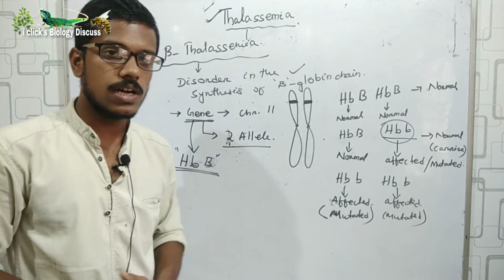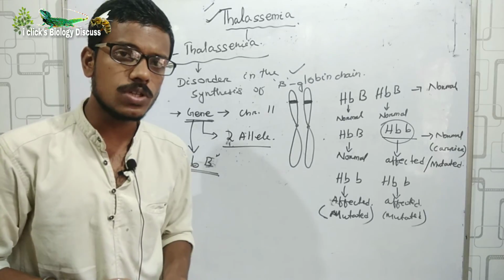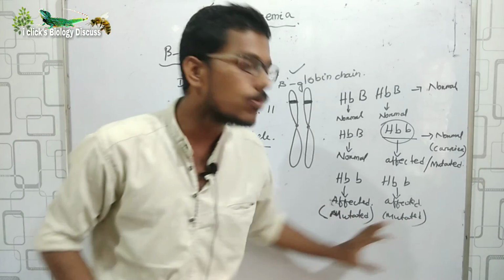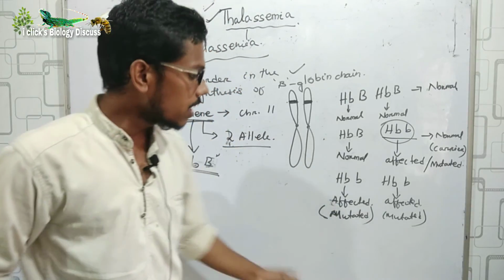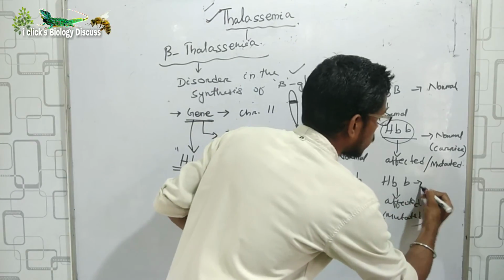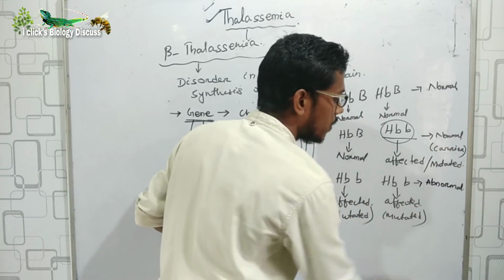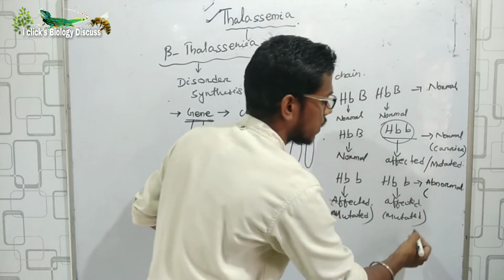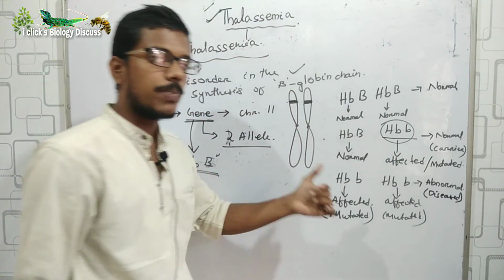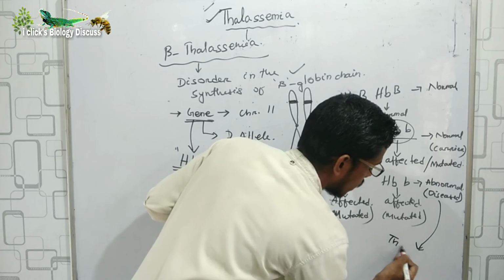That means both genes are affected, mutated, and then it will express. As you know, a recessive allele always expresses in the homozygous condition. Here it is in the homozygous condition, with both alleles in mutation. Then the person will be abnormal, or called diseased, or a patient, and this is the disorder that leads to thalassemia.